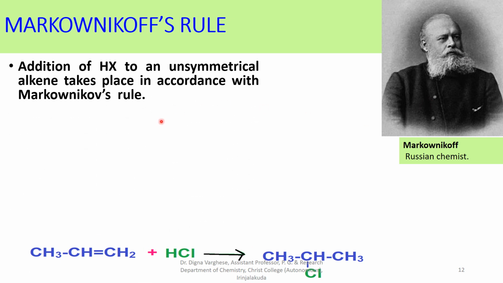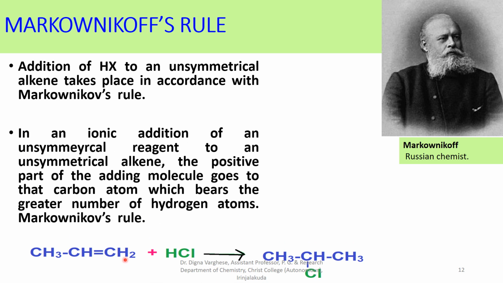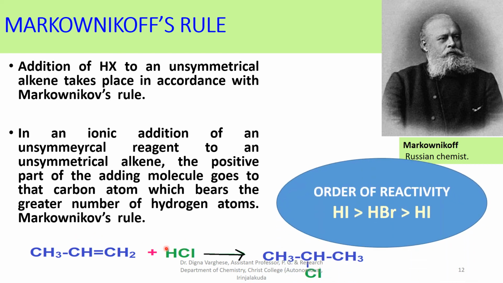The addition of a hydrogen halide to an unsymmetrical alkene takes place in accordance with Markovnikov's rule. Markovnikov's rule states that in an ionic addition of an unsymmetrical reagent to an unsymmetrical alkene, the positive part of the adding molecule goes to the carbon atom which bears the greater number of hydrogen atoms.